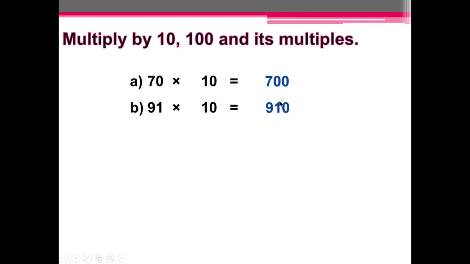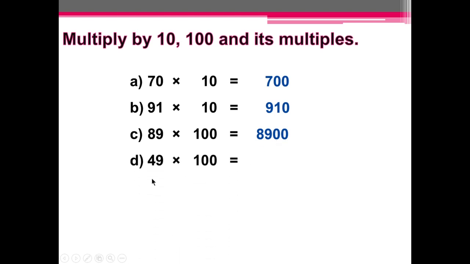As you can see, we have 0 at one place. Very good. Next one, 89 multiplied by 100. The answer will be, very good, 8900. We have 0 at 1 and at 10th place.